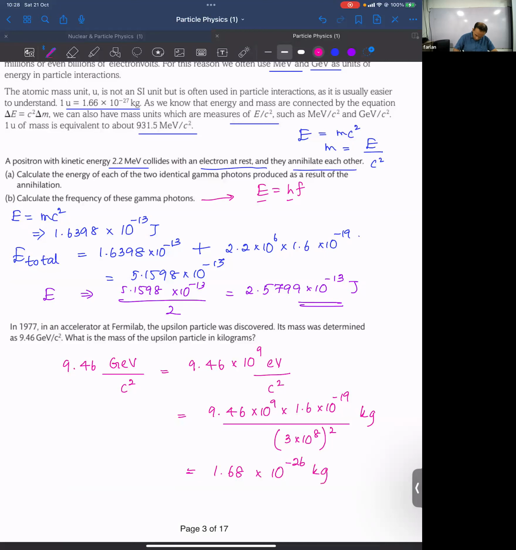Okay, that's how you convert giga electron volts over c squared to kilograms.